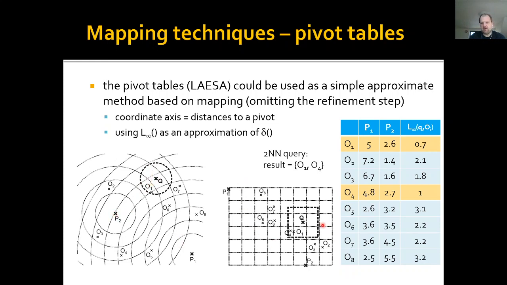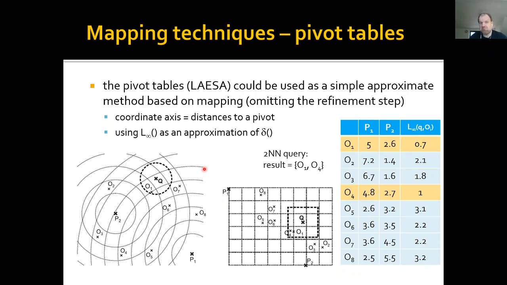We have this mapping, and then we have no other distance computations of the expensive delta. We have only the Lmax computations that are cheap, and we only return what's inside, and we don't need any other computations in the original space. So basically it's very cheap. For just 2 computations we get the result, and this is a huge speed up in the real situation. Of course not in this textbook example, but in real situations.